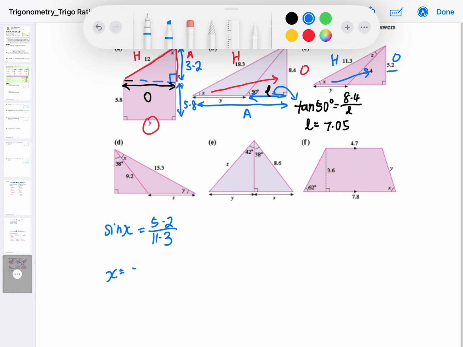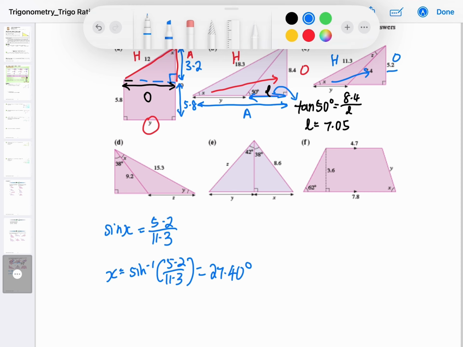X equals sine inverse 5.2 over 11.3, which is 27.39, so that would be 27.40 degrees.